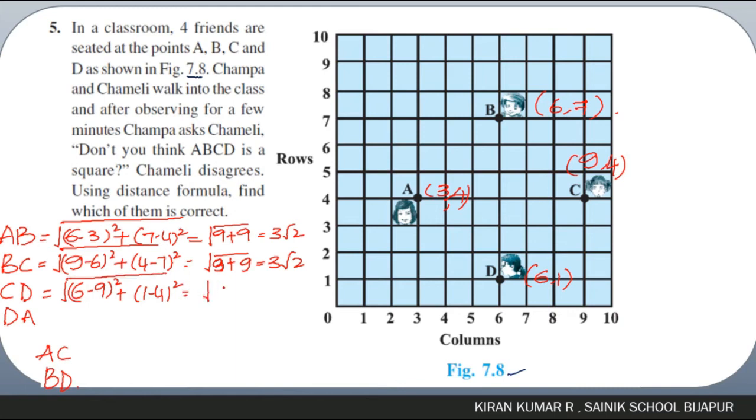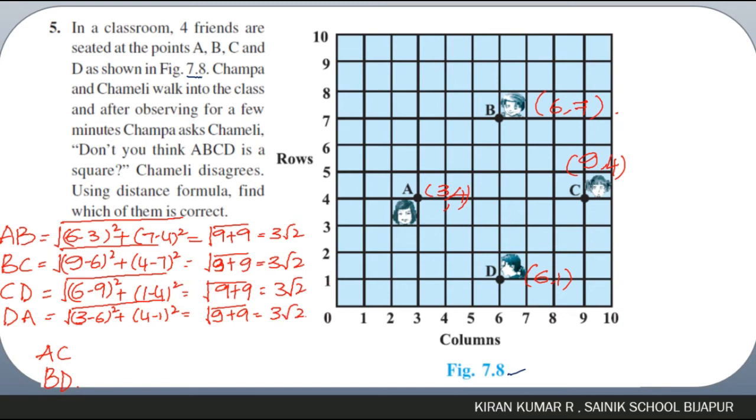We get again 9 plus 9, which is 3 root 2. The length of DA is 3 minus 6 whole square plus 4 minus 1 whole square. Once again, we have got root 9 plus 9, 3 root 2.